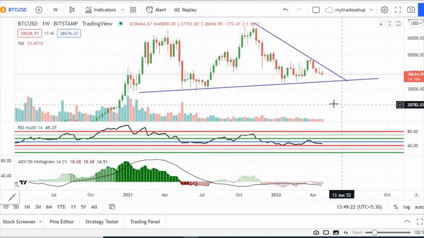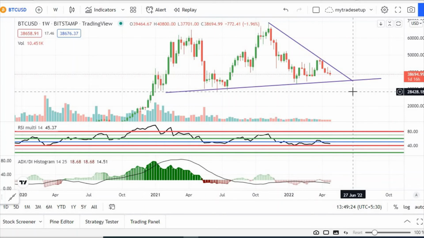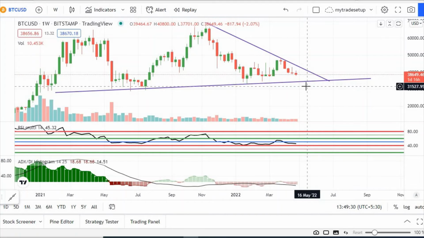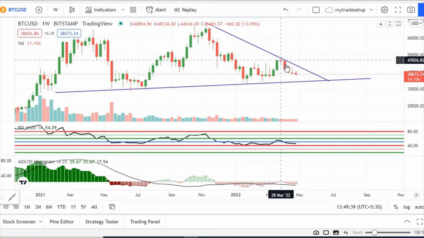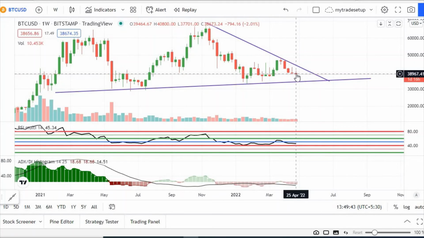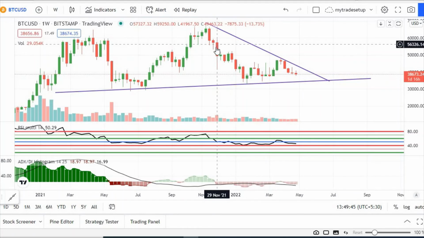Let's see. From the weekly time frame point of view, it's the 5th consecutive candle, right? 1, 2, 3, 4, 5, the 5th consecutive candle in the red, and bulls are bleeding. Those who are Bitcoin maxis, I could see them crying on Twitter. It looks like this may continue for some more time, but I'm not expecting any huge downside move.